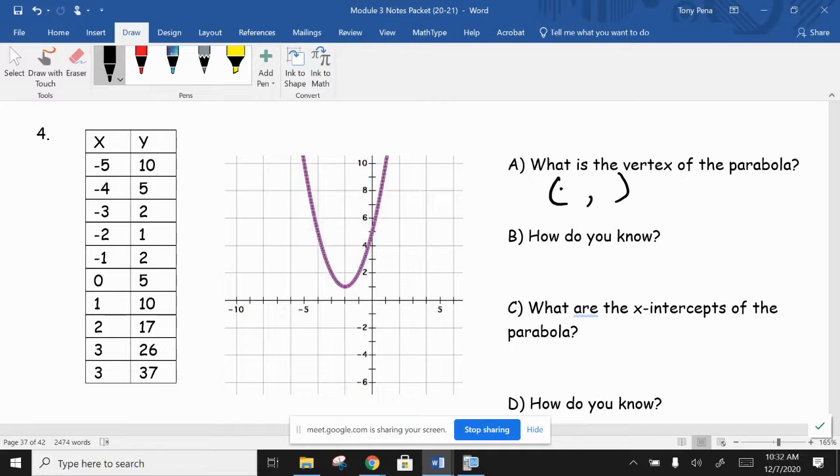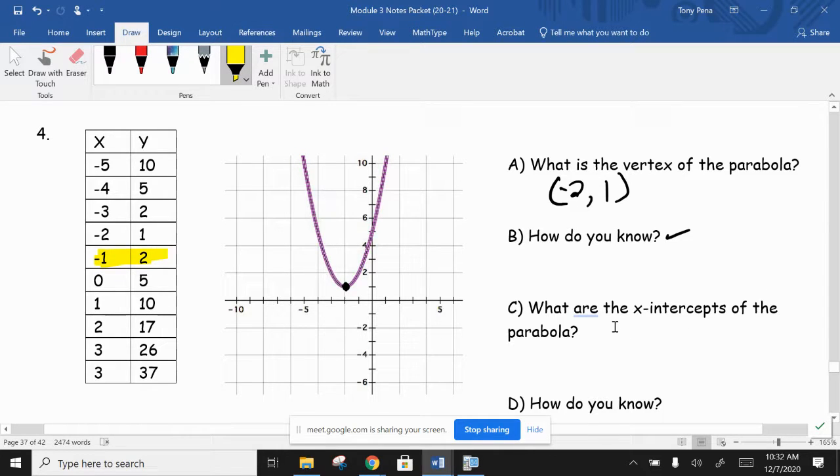So it should be what? -2, 1, right? And again, when it asks you how, we should just look at the lowest point on our parabola or find the middle value right there. Okay, so that's our vertex.